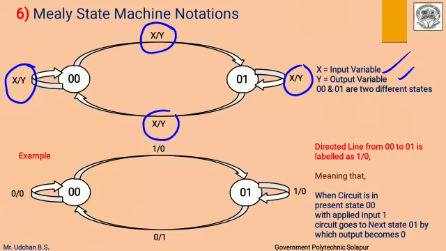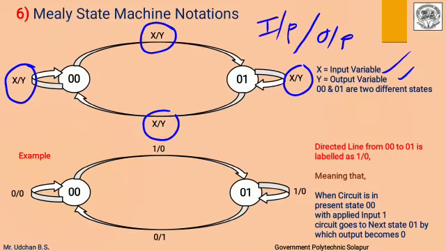Always, to the left side of this oblique there is an input variable, and to the right side of the oblique there is always an output variable.